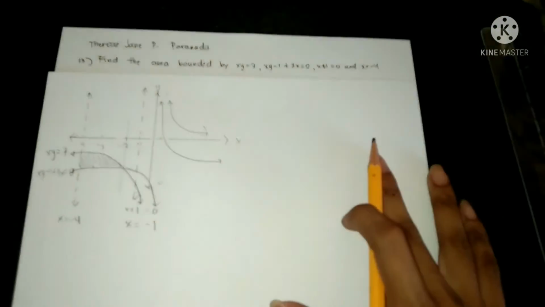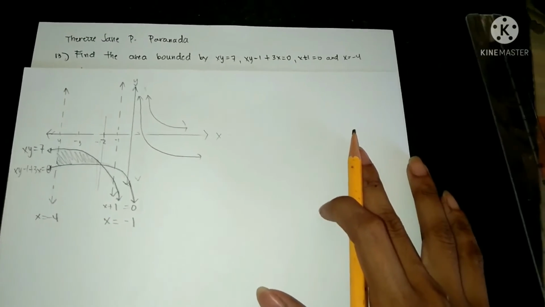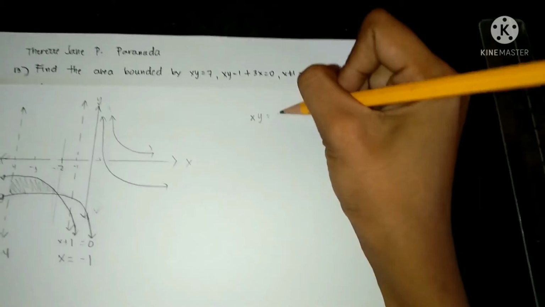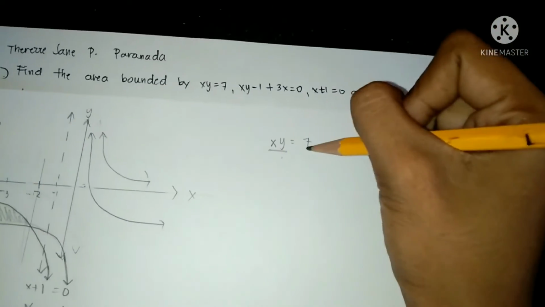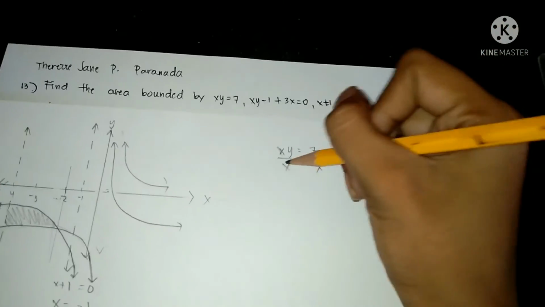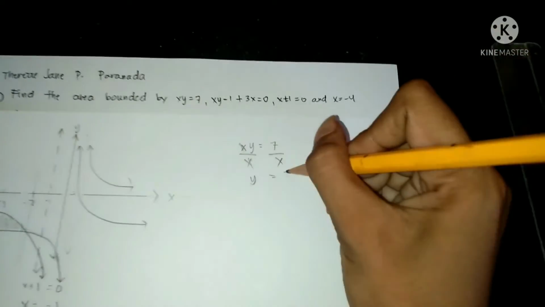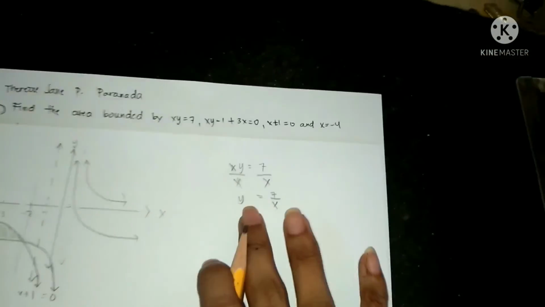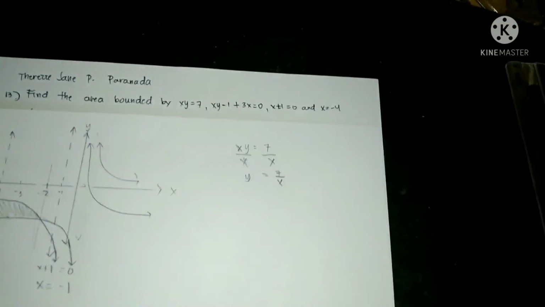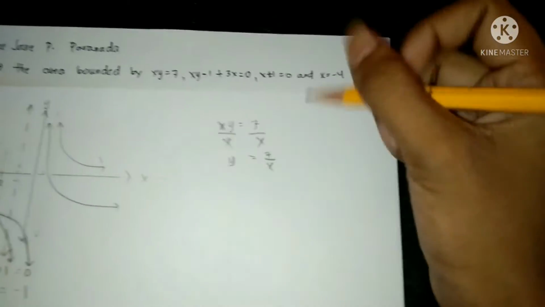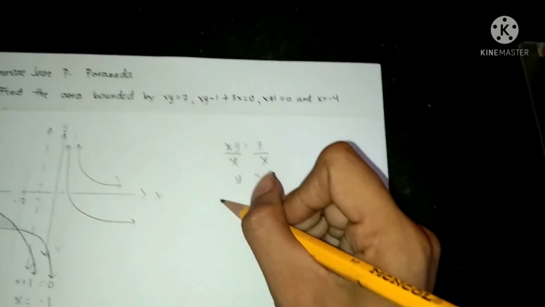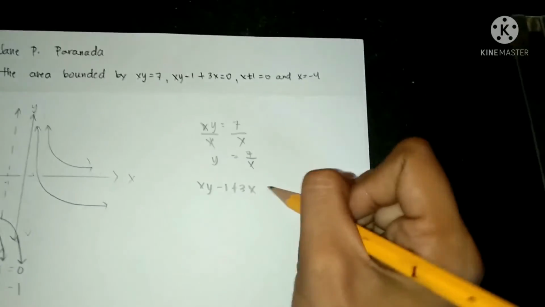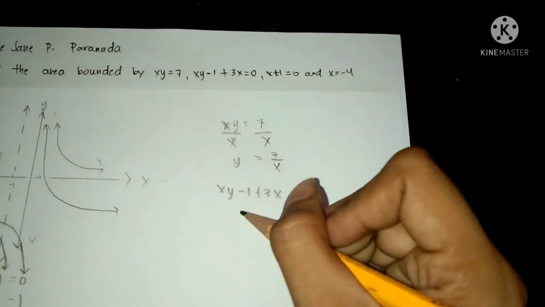Next is kukunin natin yung mga equation ng ating f of x and g of x. So, xy is equal to 7. Divide both sides by x. Maka-cancel to. Y is equal to 7 over x. This is our f of x, which is yung nasa taas. Next is yung nasa baba naman, which is xy minus 1 plus 3x is equal to 0.